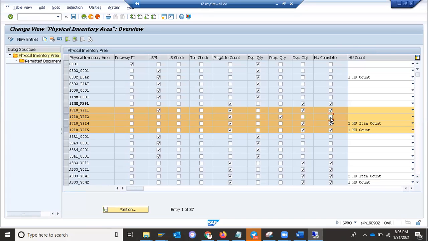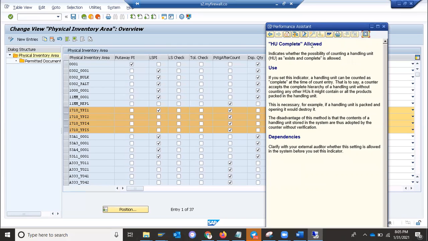We can have the HU complete option. What is the HU complete option allowed during this physical inventory process? We have to clarify with the particular auditors related to the HU.